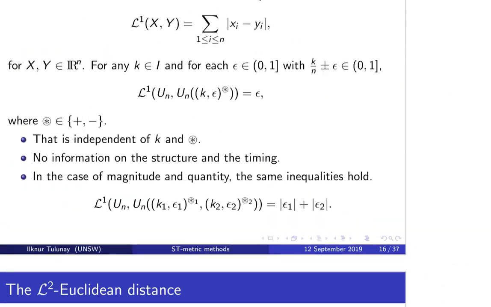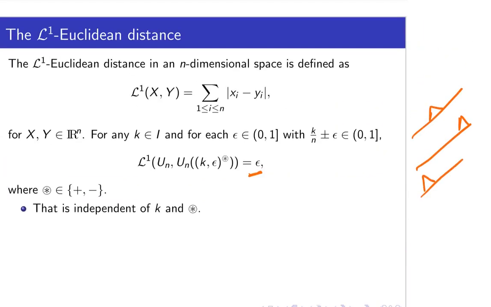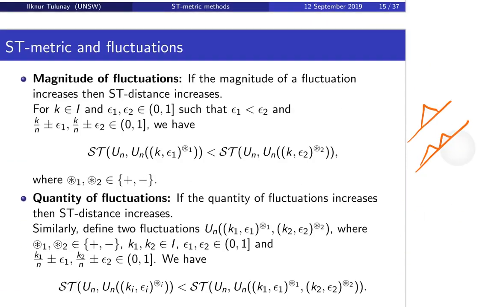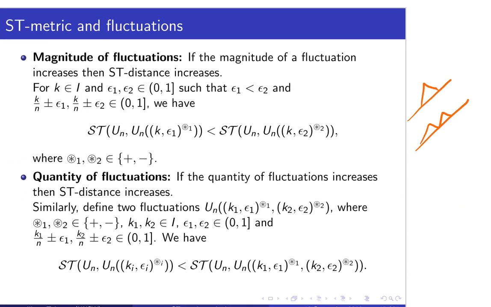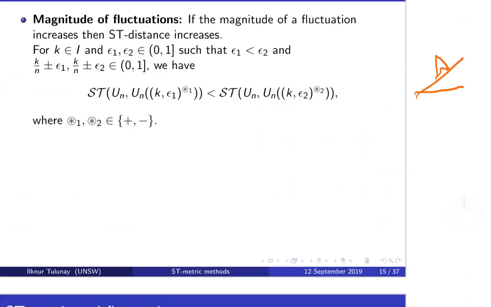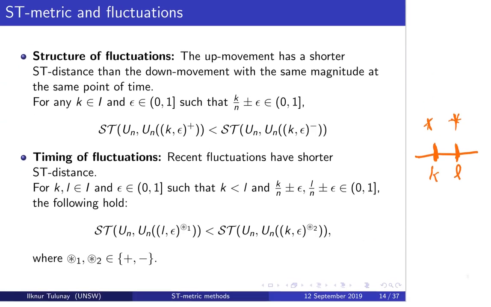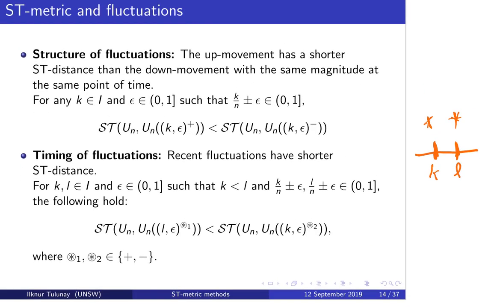The theory says that the magnitudes of the fluctuations are different, the quantity of the fluctuations is different, and the structure of timing is different. All this fluctuation sensitivity gives rise to what we have in the end.